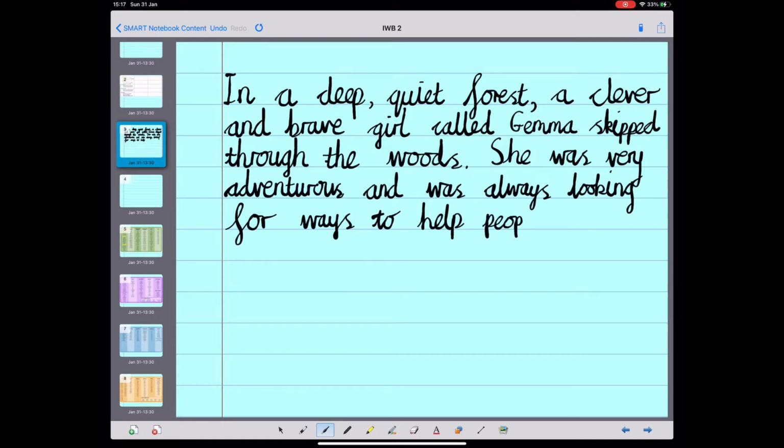So there I go, I've described my setting with a noun phrase and I've described my character with a noun phrase, and then I've added a bit more description about my character. So you can do that now. Pause the video, write a sentence to describe your setting, and then write a couple of sentences to describe your character, and then hit play when you're ready.